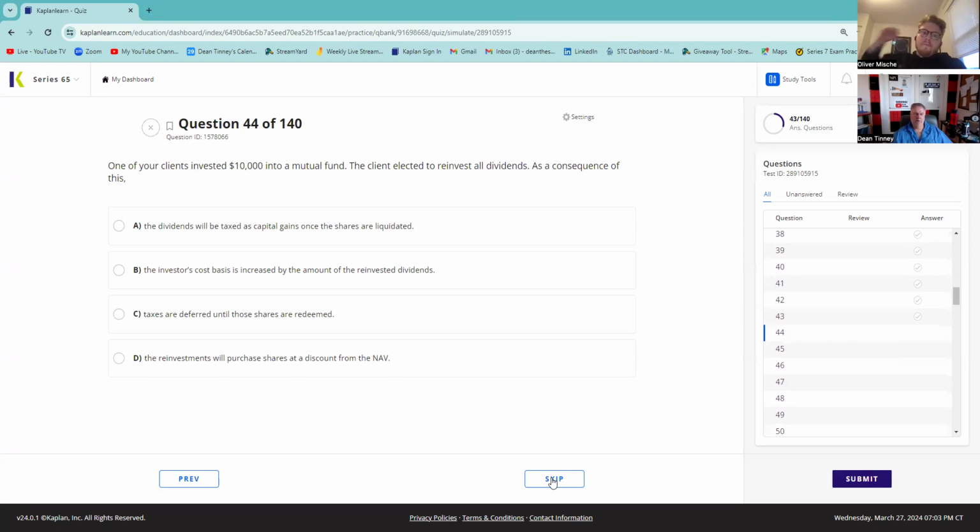One of your clients invested $10,000 into a mutual fund. The client elected to reinvest all the dividends. This is very testable. This is called a DRIP, a dividend reinvestment program, and it's very testable.